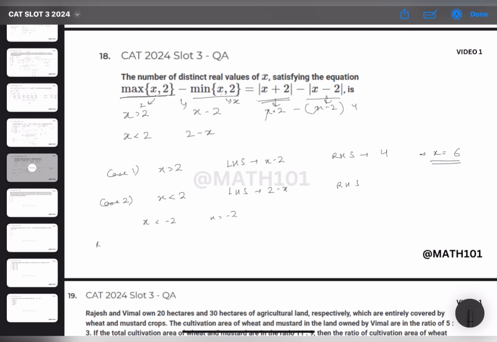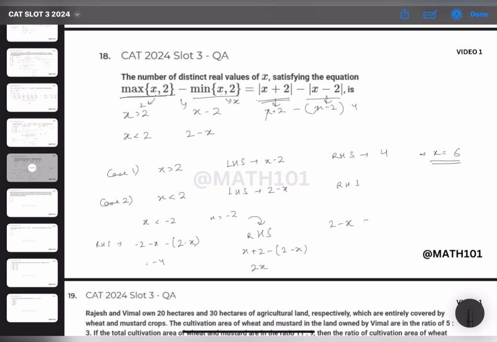In this case RHS is minus 2 minus x minus 2 minus x, which is minus 4. And in this case RHS is x plus 2 minus 2 minus x, which is 2x, and LHS was 2 minus x.